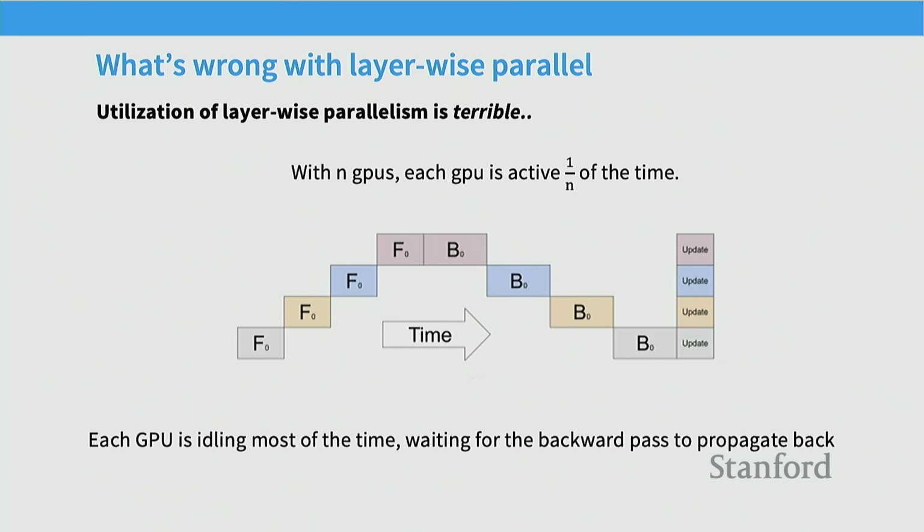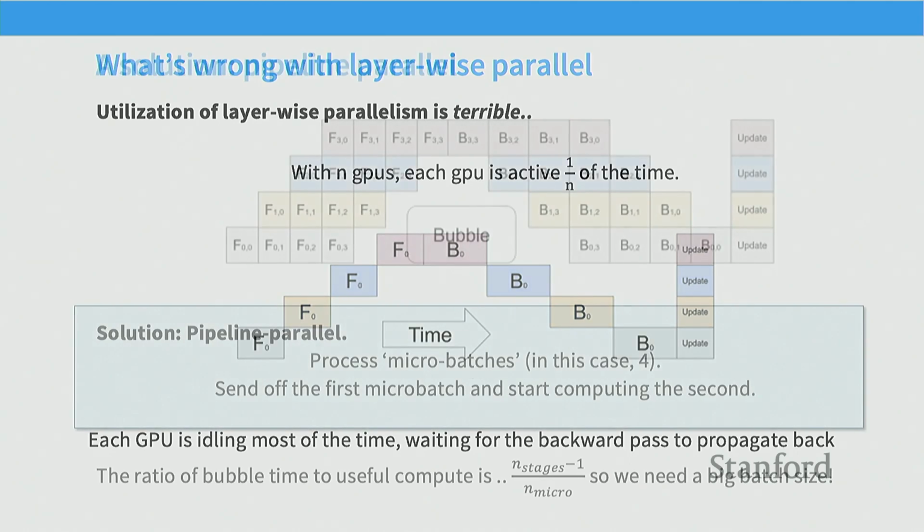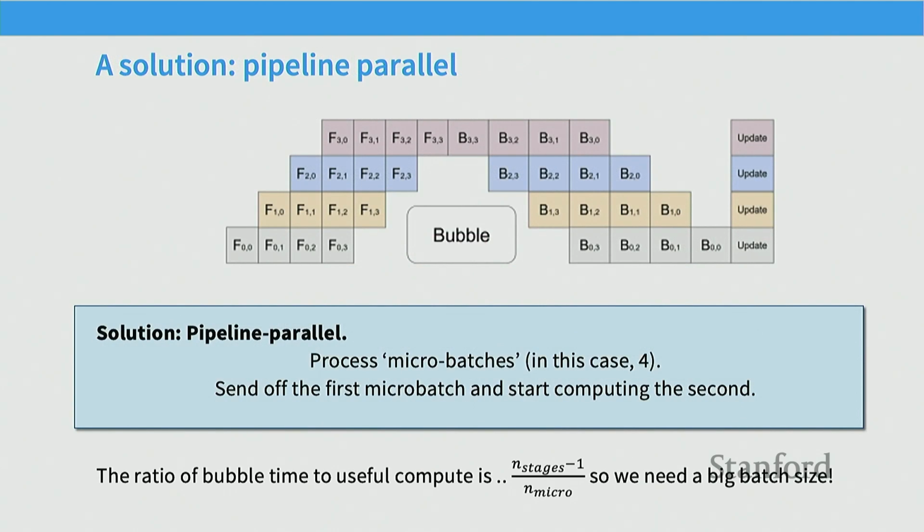One thing you can do is be a little bit more clever, and say, all right, I'm going to have a pipeline. I'm not just going to cut things up in layers; I'm going to have a sequence of things that need to be processed by each GPU. So let's say I have a micro batch, where each machine is going to handle 4 examples.